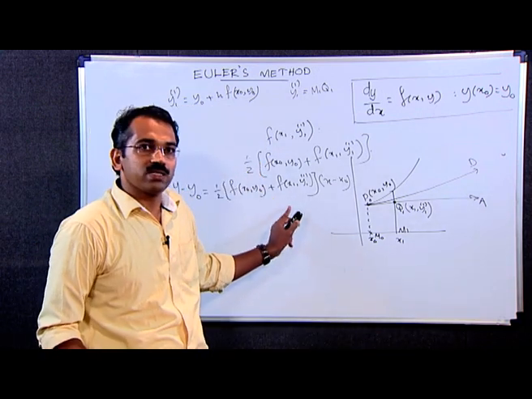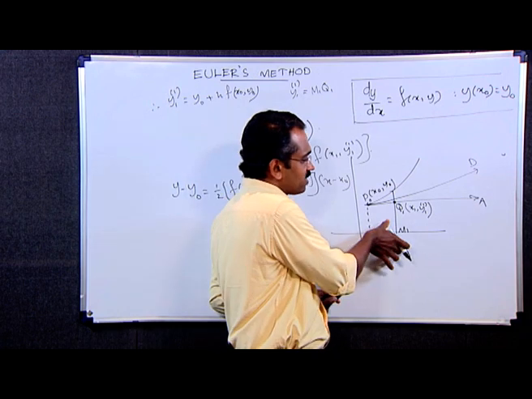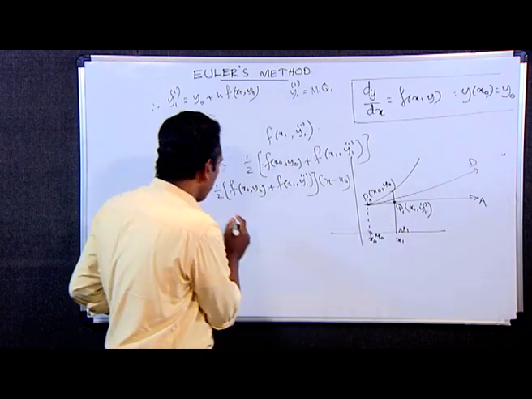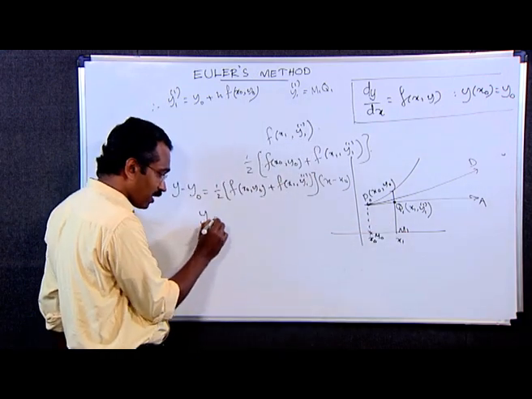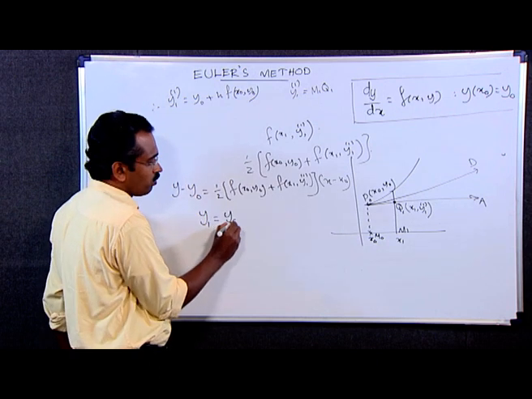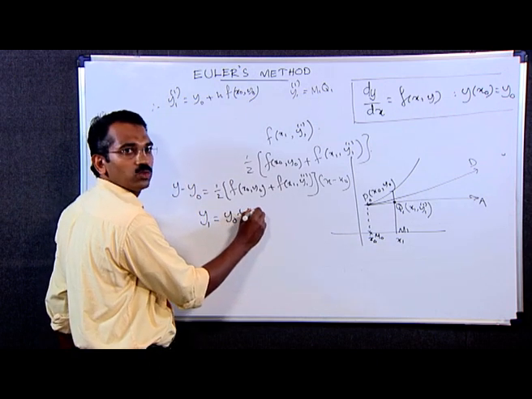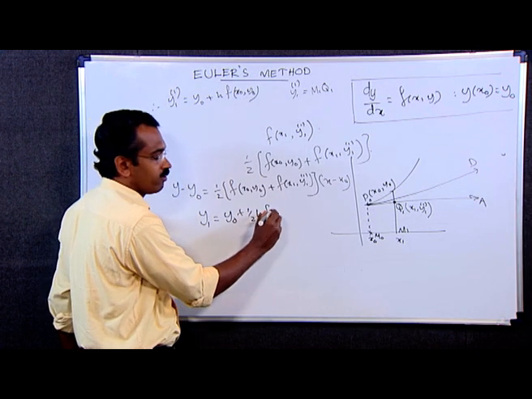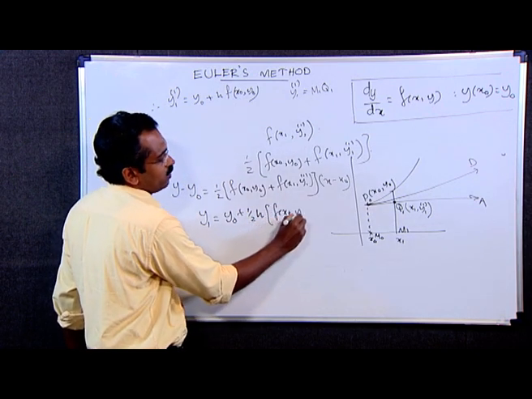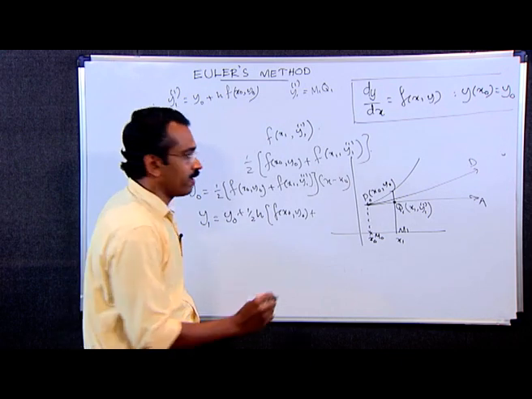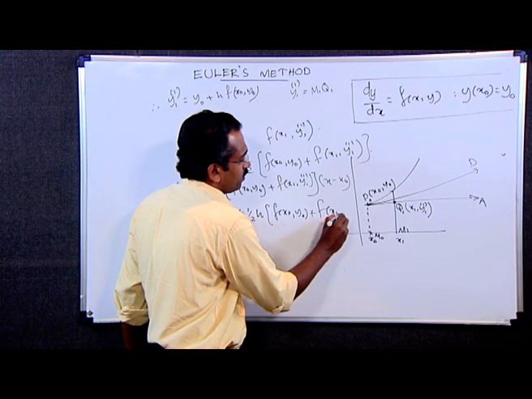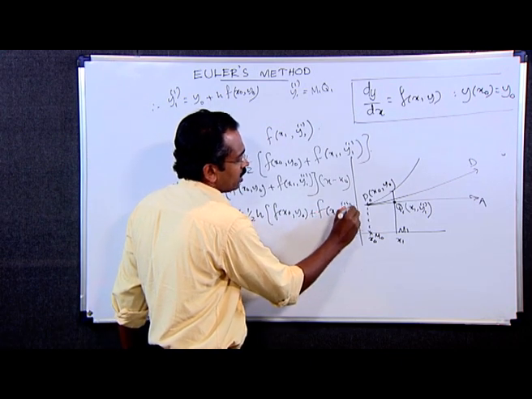This line intersects x equal to x1 at the point where y1 is equal to y naught plus 1/2 into h into f(x naught, y naught) plus f(x1, y1^(1)).